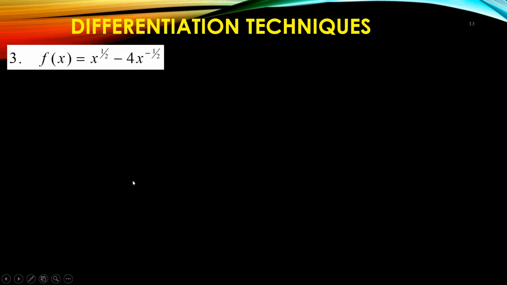Next. Here. Sometimes it's also applicable, even if it's not a whole number. The powers, yes, they're applicable, even if it's not an integer. So here, since you're given an f of x, let's write it as f prime of x.